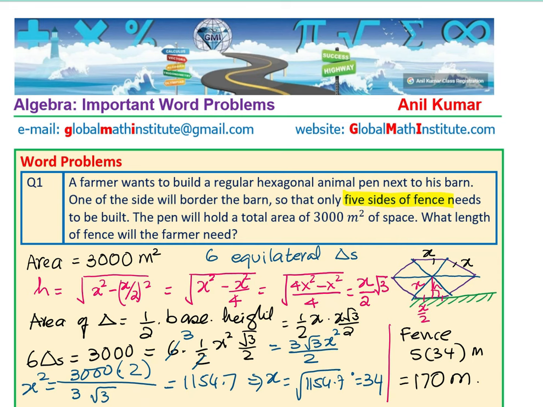And 6 times that will give us 3000, the total area. Solving for x gives us the value 34, and 5 sides of the fence means 5 times 34, 170 meters. Good. So that is how you're going to do question number 1.